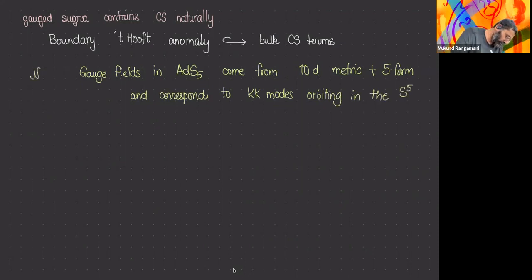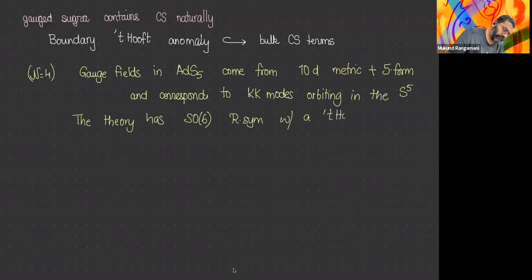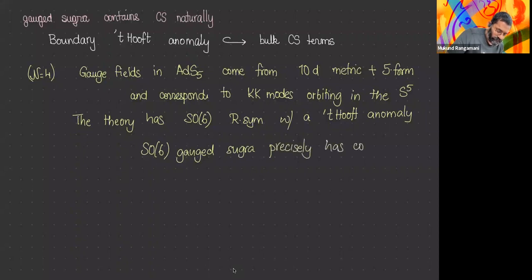Let's say for N equals 4, the theory has an SO(6) R-symmetry with an anomaly, and SO(6) gauge supergravity precisely has the corresponding Chern-Simons terms.